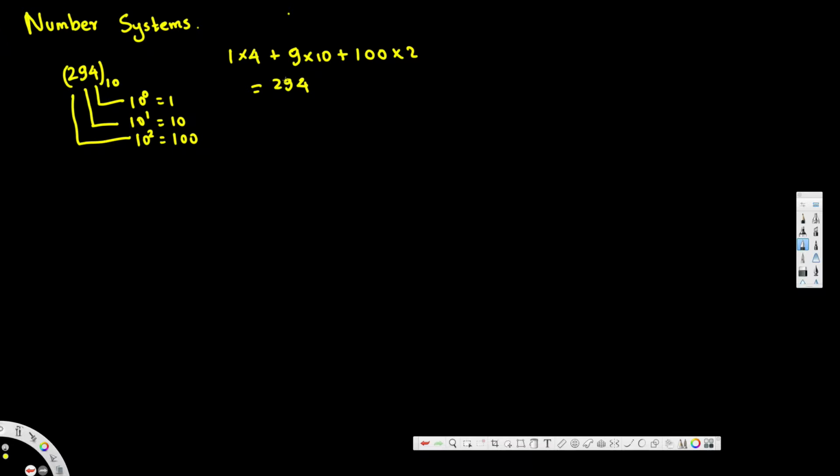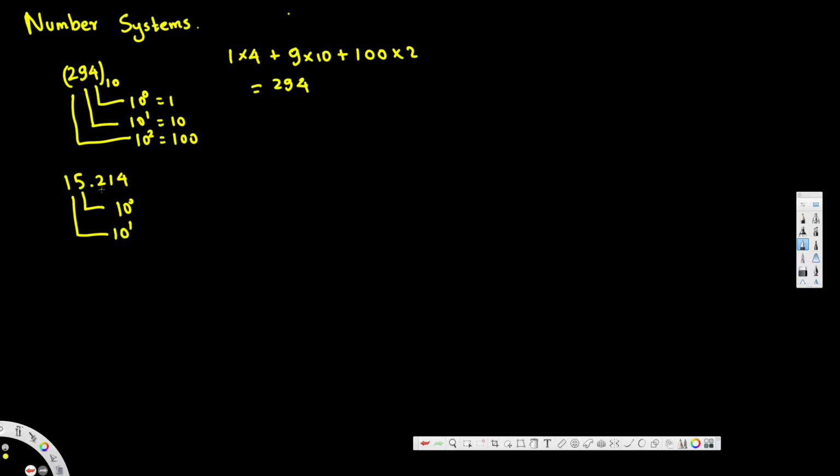Now let's see how we can write a decimal with a fraction, 15.214. Before the fraction point, this will start with 10 power 0, and this one is 10 power 1.